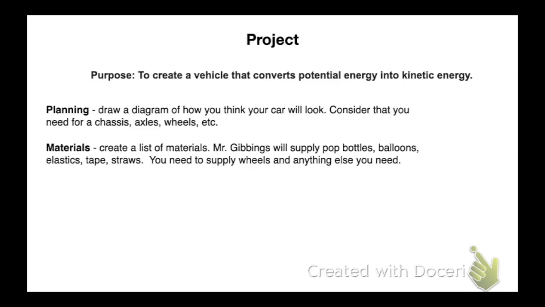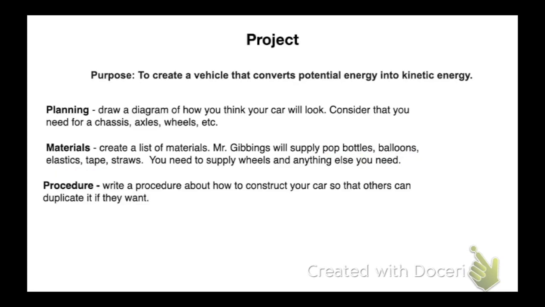Materials. You'd have to create a list of materials you need. For example, if we were in class, I would supply a pop bottle and some balloons and some elastics and tapes and straws. You'll have to just do it at home, so whatever materials you need. And you don't have to copy the picture that I showed you on the previous slide. You can do your own thing.